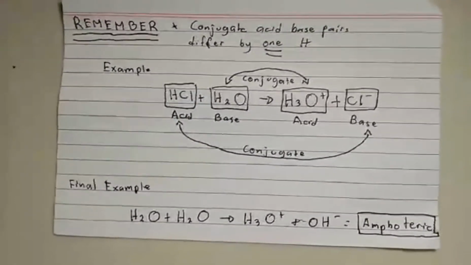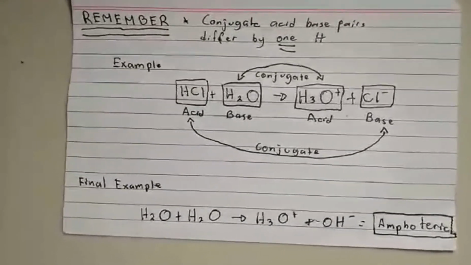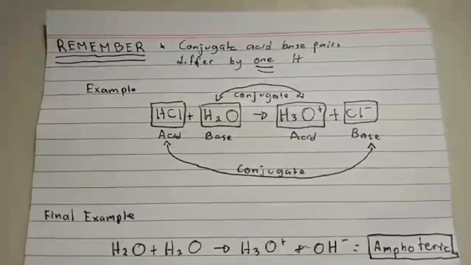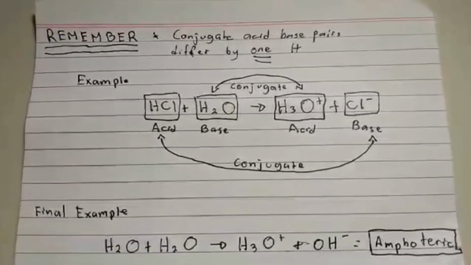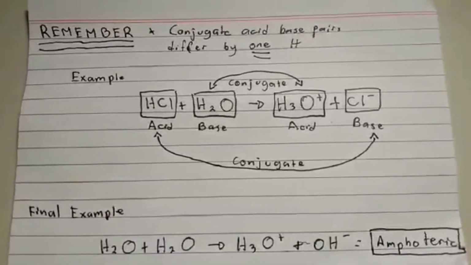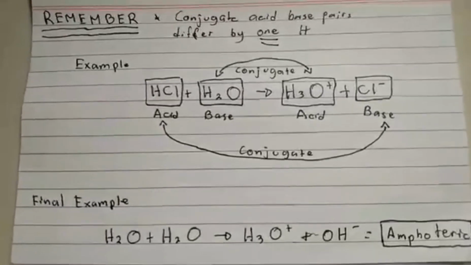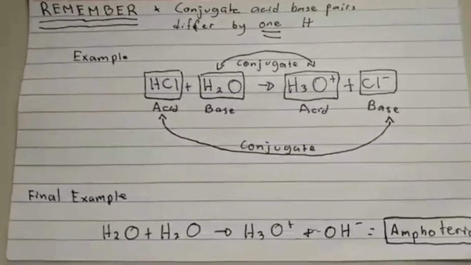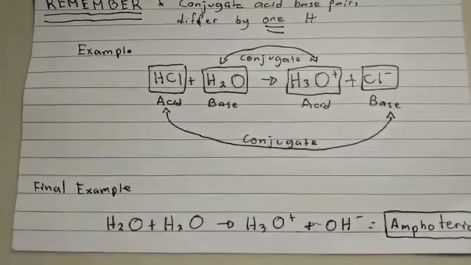And so that's going to make the hydronium ion the conjugate acid of H2O. When this proton is given over to the water, the HCl becomes a chloride ion, and this ion is no longer able to give away a proton because it doesn't have one anymore. But if we reverse this arrow and direct it the other way, it could accept a proton from this compound and act as a base.